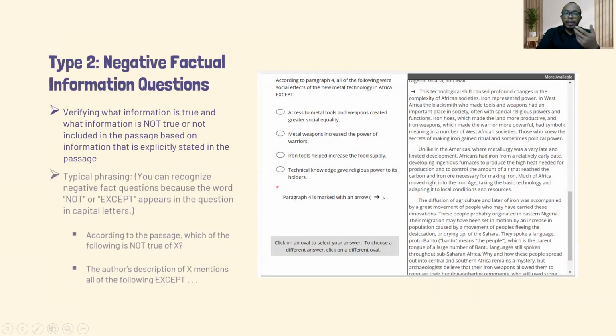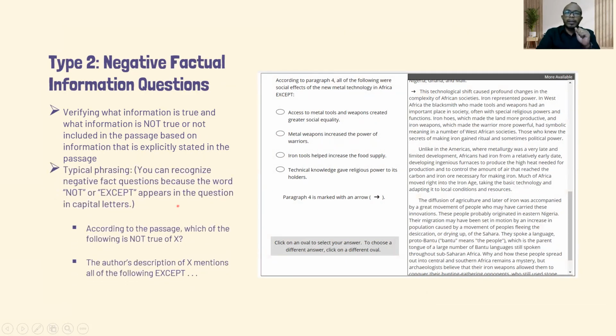So this type of question usually will have the word not or except, as you can see in the example. So here in the example, you can see all of the following were social effects of the new metal technology in Africa, except. All right. So they even capitalize those signal words so that you can directly identify what you need to do.